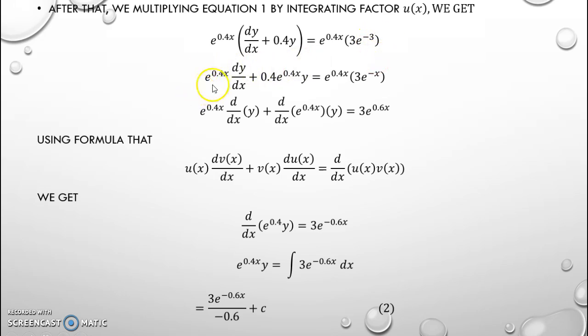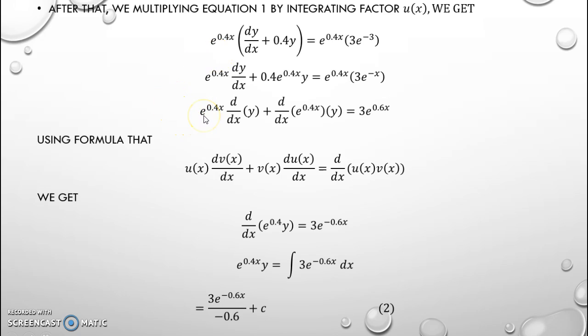Then we expand this, which we will get e to the power of 0.4x dy over dx plus 0.4 e to the power of 0.4x y equal to e to the power of 0.4x times 3 e to the power of negative x.